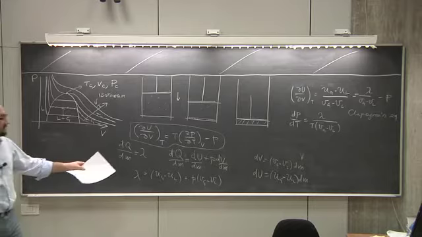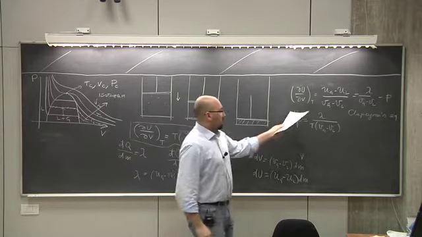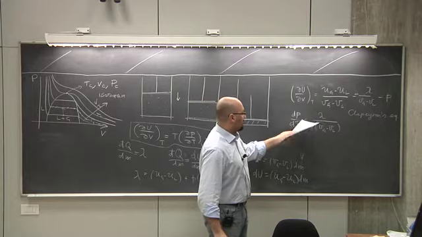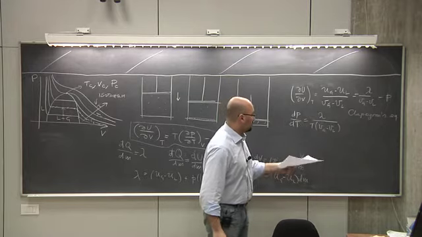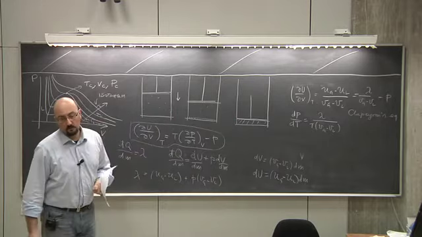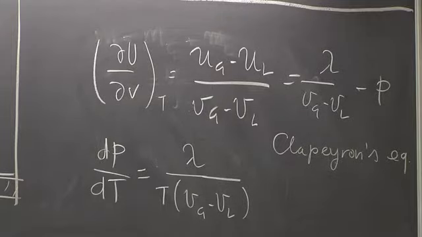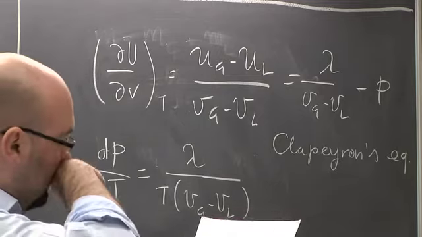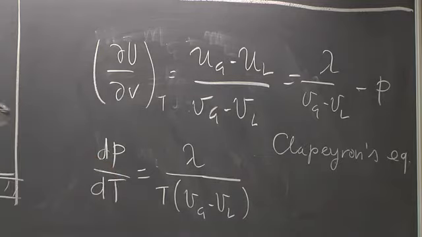And it connects this quantity, the derivative of pressure with respect to the temperature, to the specific heat of vaporization, on which it clearly has to depend, because we're looking at vaporization, and the specific volumes of the gas and liquid phase.